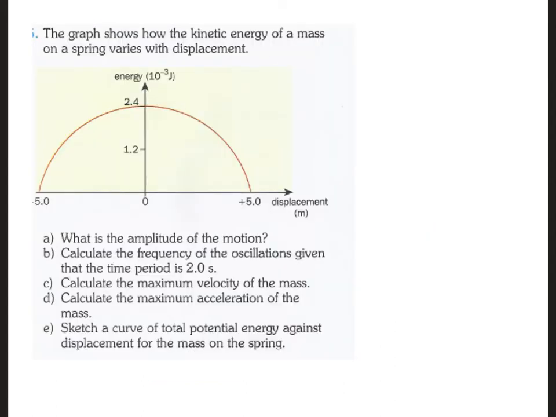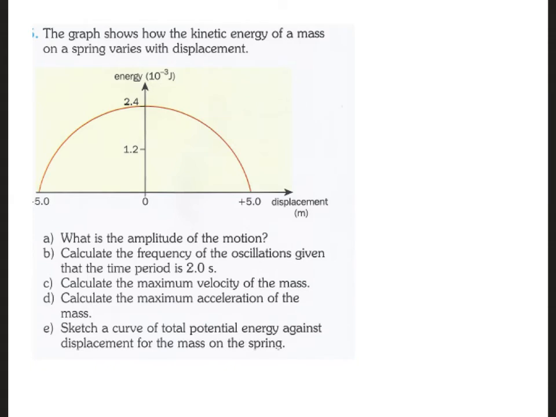Okay, one last question. Notice again, what kind of graph is this? Oh, we've never talked about this. Energy displacement. But when you see something different, you say, Mrs. Henderson isn't crazy. How can I still answer this question? And the answer is, you read the graph and think about how it relates to what we're doing.